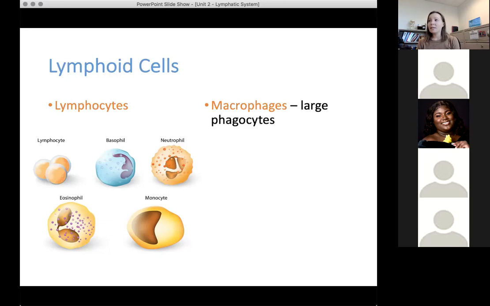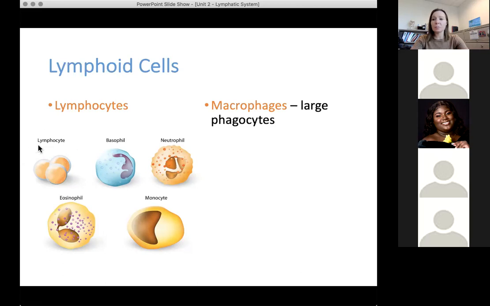There are lymphocytes. These are like the main fighter cells of the immune system, and they are white blood cells. This picture shows you the 5 different types of white blood cells, and you can see lymphocytes are one of those types.